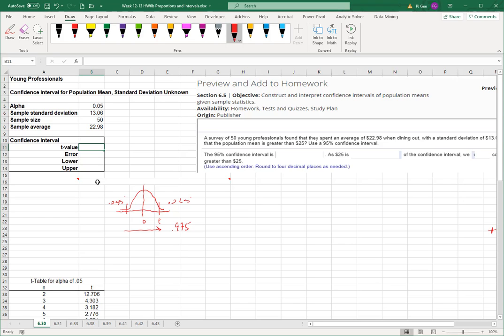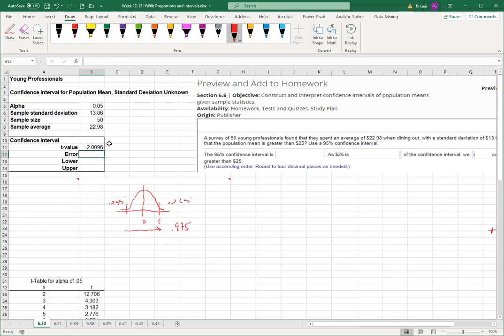Okay, so we're going to use t equals T.INV of what we need to know, this over 2, and it needs to know the degrees of freedom, which is going to be equal to 50 minus 1.